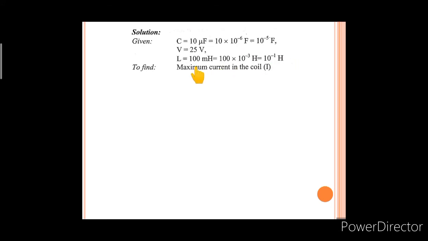We have to calculate the maximum current in the coil, and hence over here we are supposed to use the formula, that is energy stored in the electric field is given as half Q0 square upon C, which can further be written as half CV square, and the next formula is the energy stored in the magnetic field UB is half Li square.